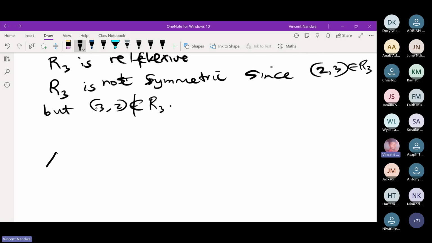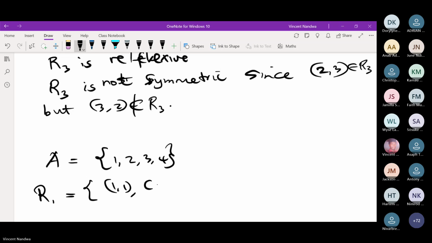If I have a set A with elements 1, 2, 3, 4, this is the last one. And I have a relation R1 on this set given by 1, 1, 2, 3, 3, 4, and 2, 4.